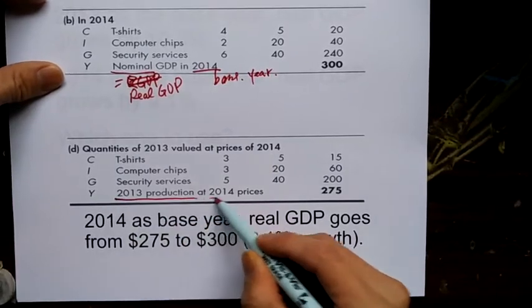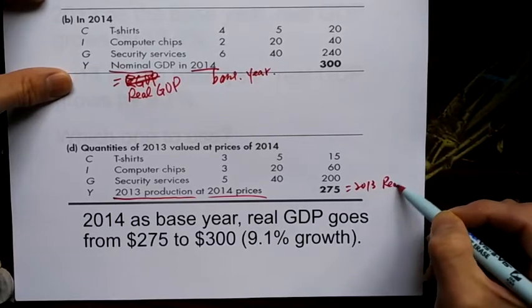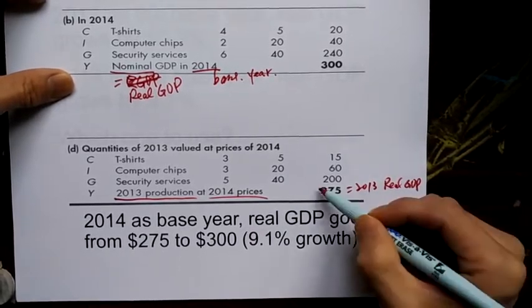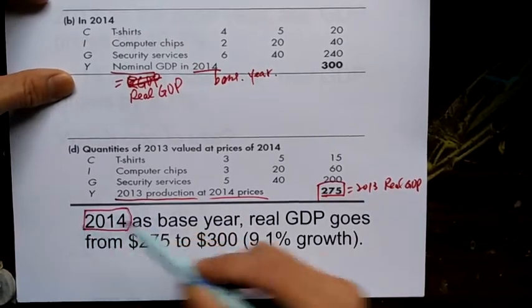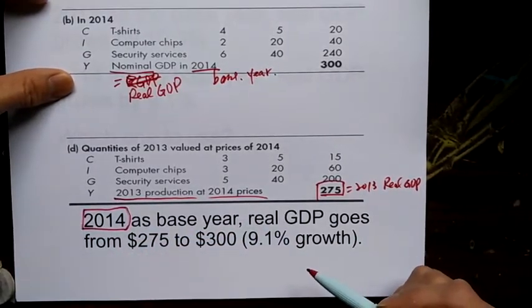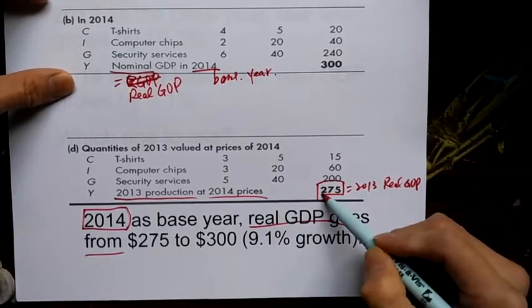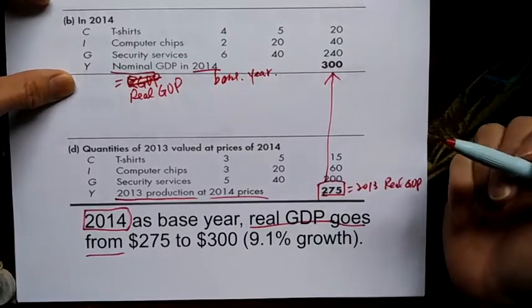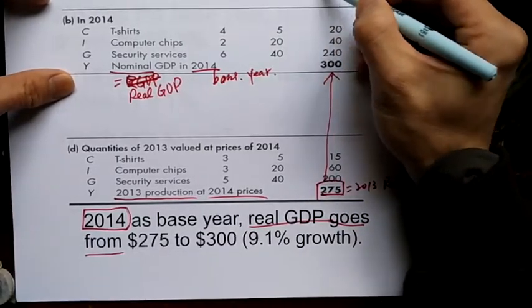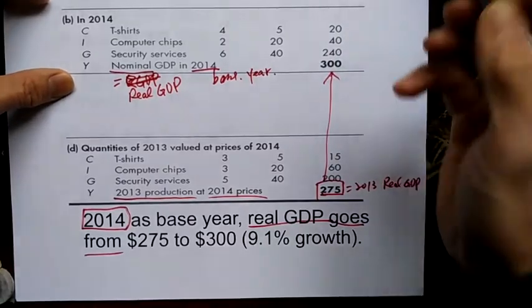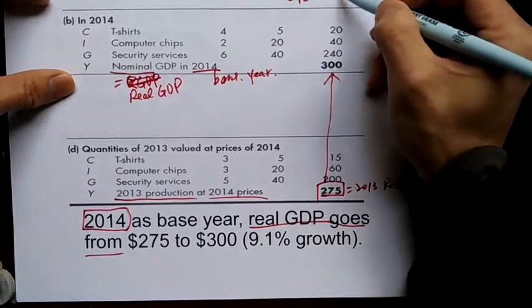In 2013, real GDP is 275. Therefore, using 2014, real GDP goes from 275 to 300 from 2013 to 2014.